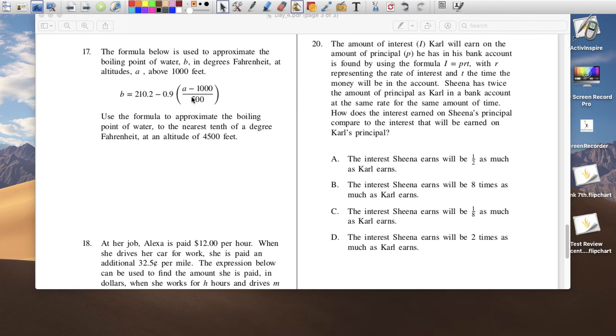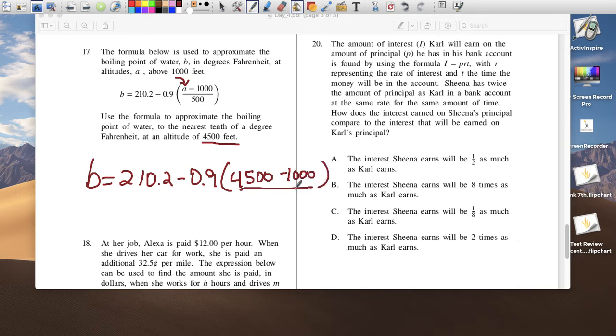Here it says if you are at 4,500 feet above sea level, what would be the temperature of the boiling water? So B equals, and we're just going to write all this stuff down, minus 0.9, and the altitude is here, A. So we're going to replace that A with 4,500 minus 1,000 over 5,000. So not that difficult at all.